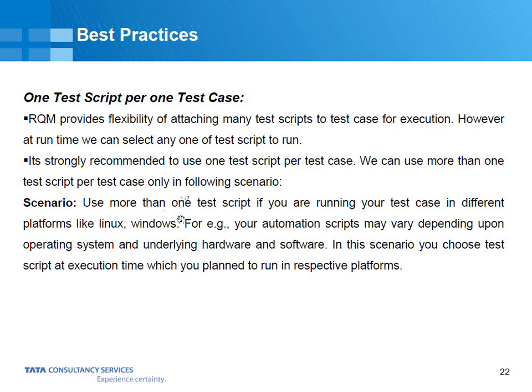At runtime you can select the script you want to execute on the respective platform. It's strongly recommended that you use only one test script for one test case, even though RQM provides the flexibility of attaching multiple test scripts, and this is one scenario where you can use multiple test scripts.